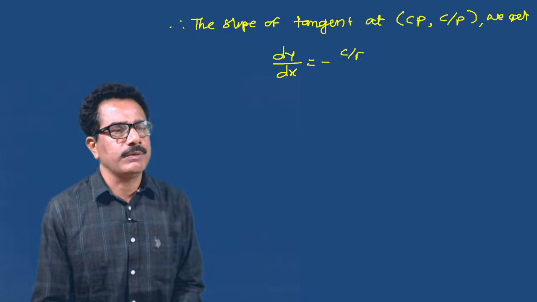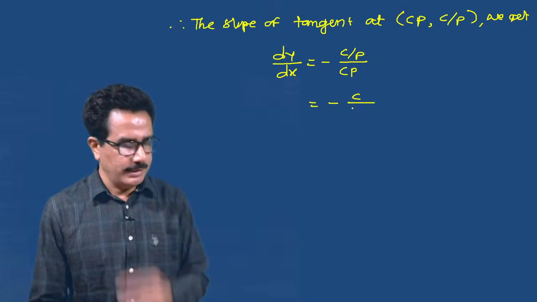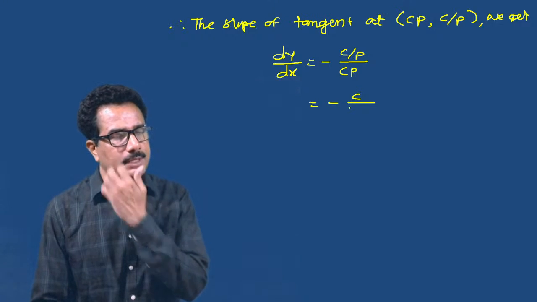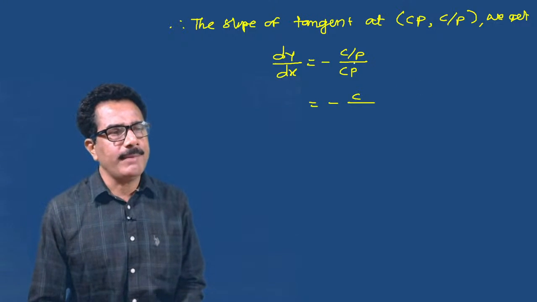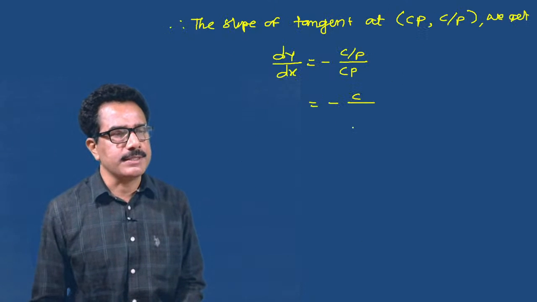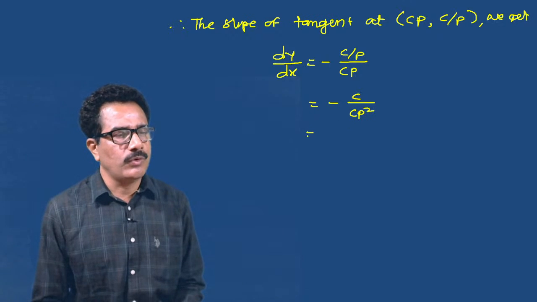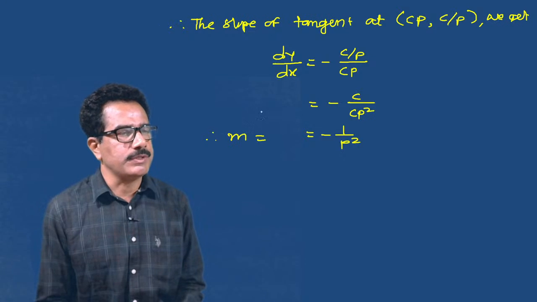Y means c divided by p, divided by cp, that is equal to minus c divided by cp square, which is minus 1 upon p square. This is m, which is equal to dy by dx.